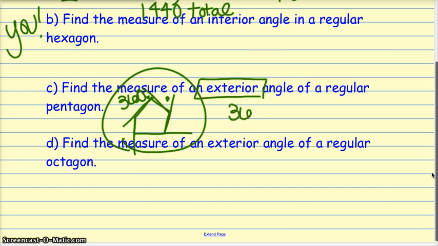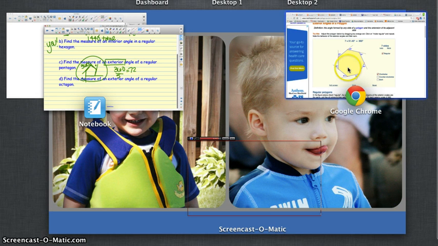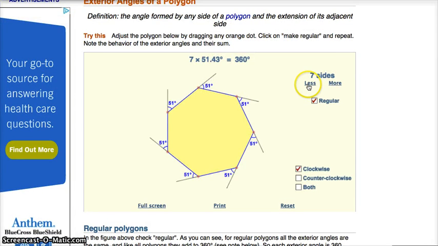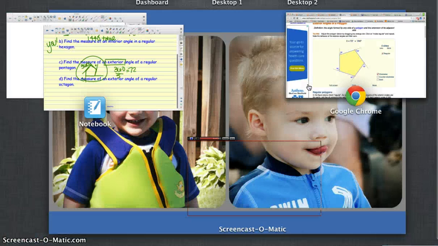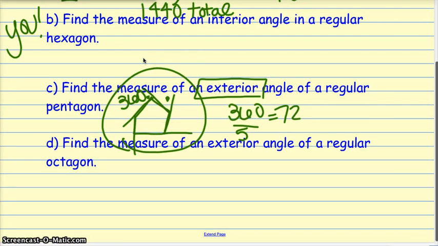So 360 divided by 5 ends up being 72. And if you go back to the Math Open Reference animation, with 5 sides, they're all equal, and the exterior angles do add up to 360. Go ahead and try letter D.